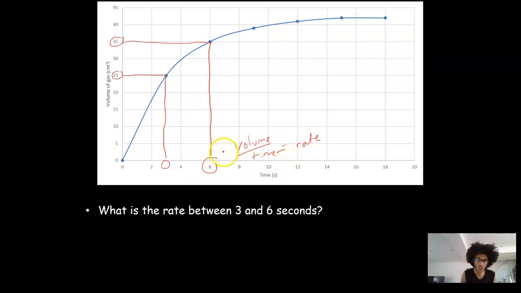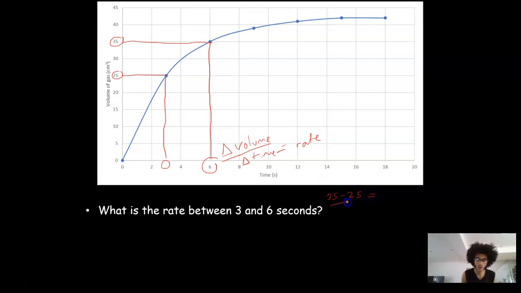What we're now looking for is the change in volume, which I'm going to represent by this Greek letter delta, which basically just means change. So change in volume divided by the change in time. Now for this question, between 3 and 6 seconds, my change in volume is between 25 and 35. So I have to do 35 take away 25, and that will give me a number.